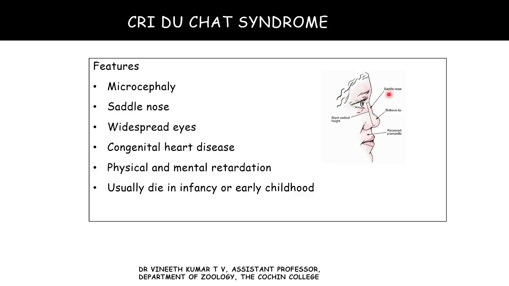Then widespread eyes, congenital heart disorders, and physical and mental retardation. Usually these individuals die in infancy or early childhood. Most of them die in utero itself, but if they are born, they die in infancy or early childhood.